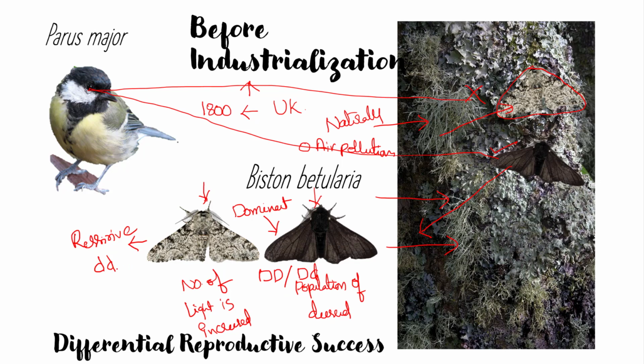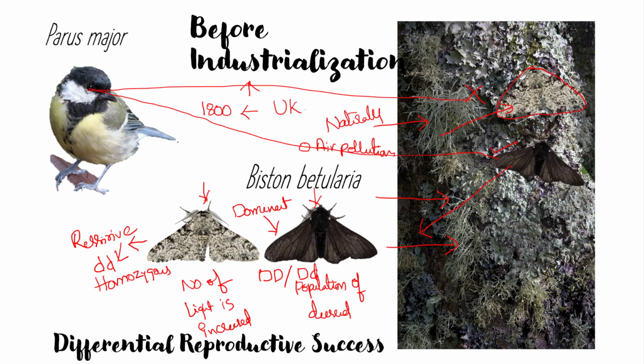But the light colored moth is controlled by the alleles small d, small d, homozygous recessive alleles.